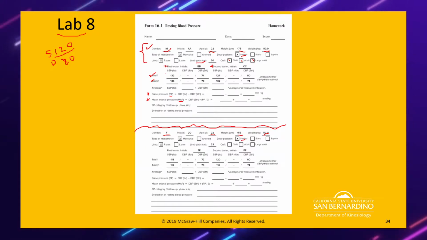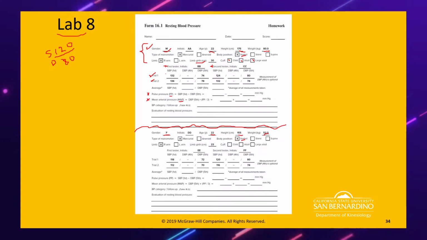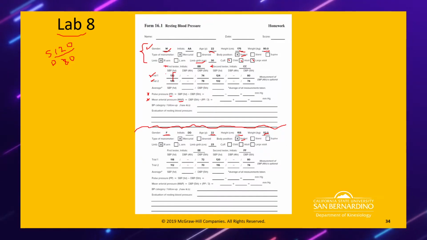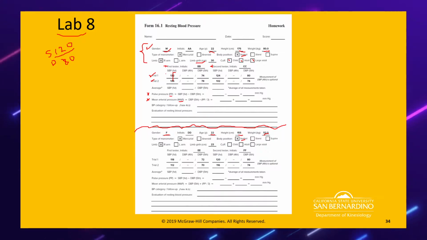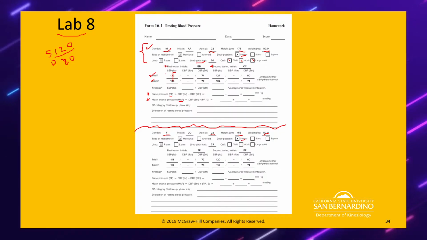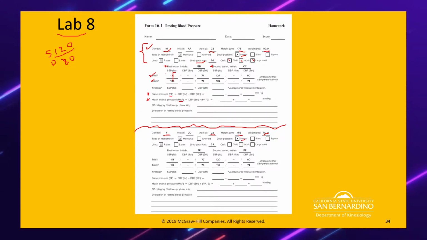So we know there's some different sounds associated with the heart. The first sound is dealing with the systolic blood pressure, and you can kind of see what we got there. And then with the diastolic pressure, there is a fourth and a fifth sound, but the sound we want to record and report is the fifth sound.